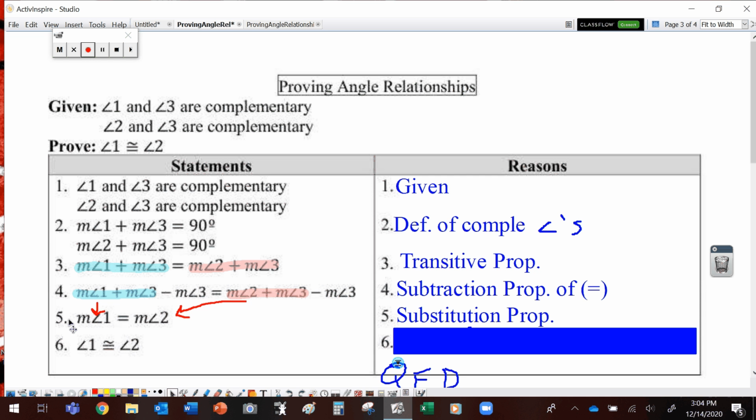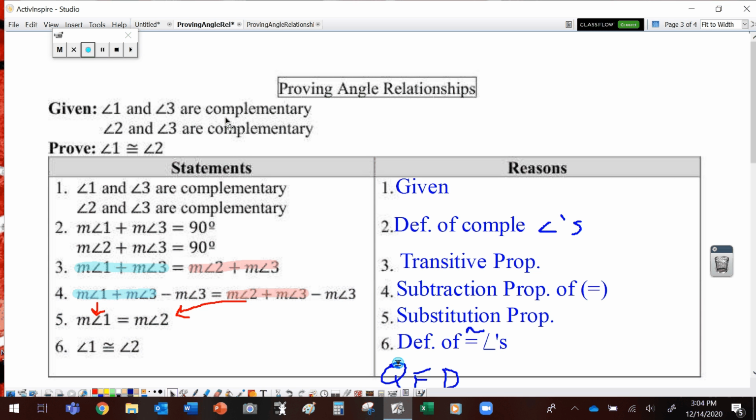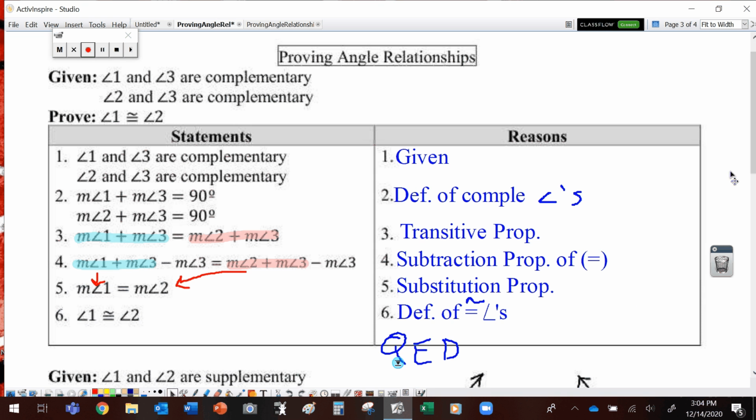Instead of saying that the measures of those angles are equal, I say that those angles are congruent. And that is the definition of congruent angles. So we've gone from saying that these two angles are both complementary to the same angle, and now we're saying that those two angles are congruent to one another, which is what we set out to prove. So we can say QED, quod erat demonstrandum, and our proof is finished.